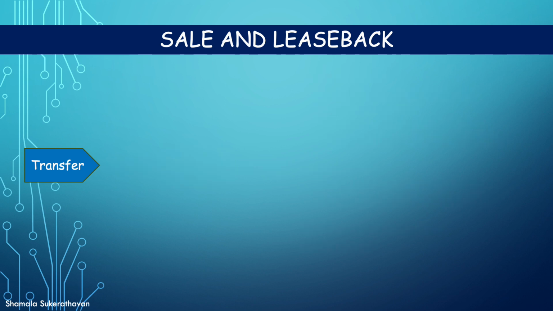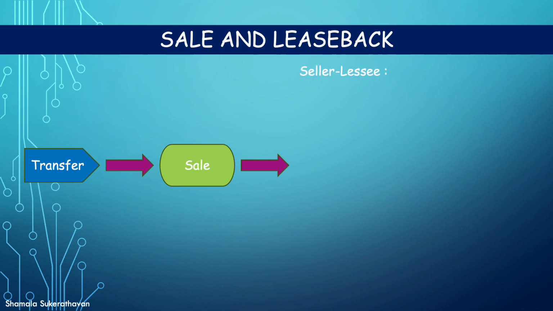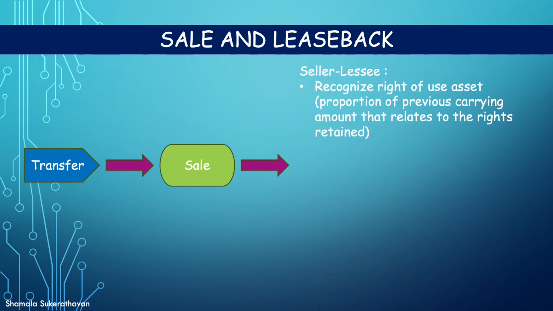If the transfer satisfied the requirement of IFRS 15, the transfer is a sale, in which case the seller lessee recognizes a right of use asset at the proportion of the previous carrying amount that relates to the rights retained.